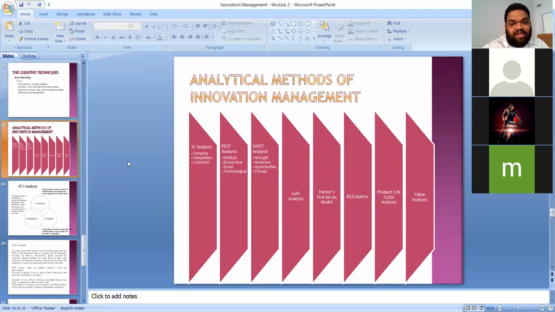Then on Friday we discussed a very important topic, Porter's Five Forces model, and later the BCG matrix also. So today let us complete the other two analytical methods of management. What are those? Product life cycle analysis and also value analysis.